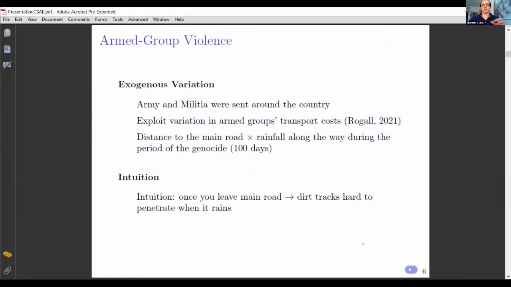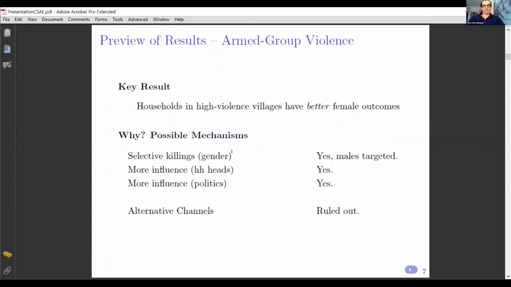In particular, I'm going to exploit an instrument set up as distance to the main road, right? Once these militiamen left the main road, they were on dirt roads, which are hard to travel on when it rains. And then I interact that distance with rainfall along the way between each village and the main road, just during the 100 days of the genocide, right? The intuition is once you leave the main roads, which are in reasonable condition, you are on dirt roads, dirt tracks, and they're harder to travel on when it rains, okay?